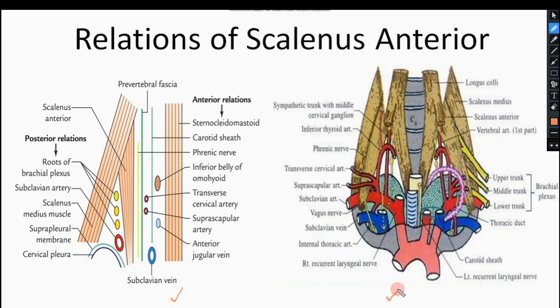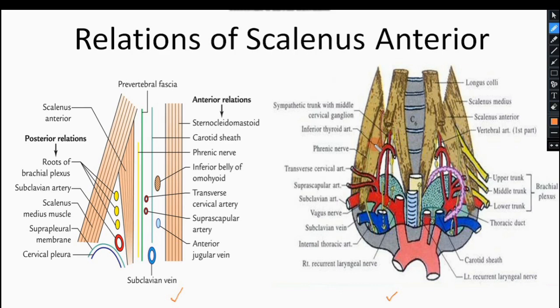So let's try to understand the structure in relation to scalenus anterior from anterior to posterior, or you can say superficial to deep. Clear? So first, where is the scalenus anterior? Here is the scalenus anterior.